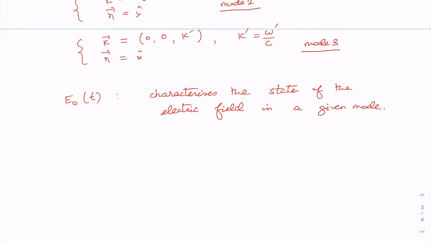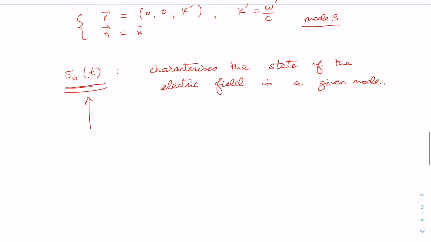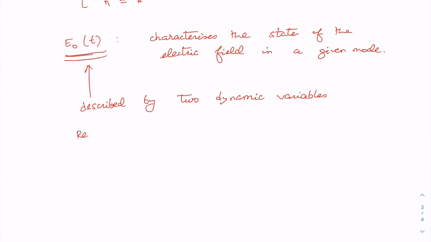Okay, now going further, you see E0t is a complex quantity, so it's fully described by two dynamic variables. Dynamic because it has time dependency. It is described by two dynamic variables, and these are, say, the real part of the amplitude and the imaginary part of the amplitude.